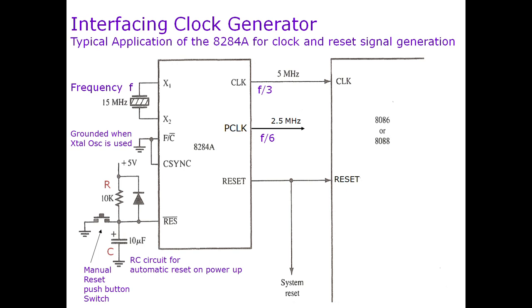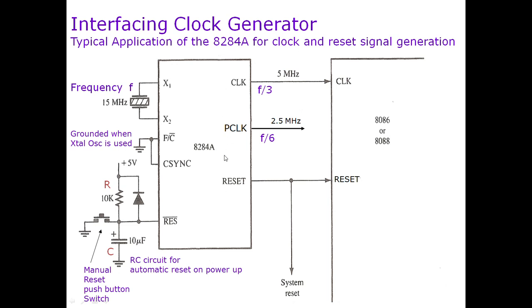And here we have the interfacing of the clock generator with the 8086 or 8088 microprocessor. Here we have an 8086 or 8088 microprocessor, and the clock pin, which is there to receive the clock signal, and this signal is received from an external clock generator. This clock generator is called the 8284A.